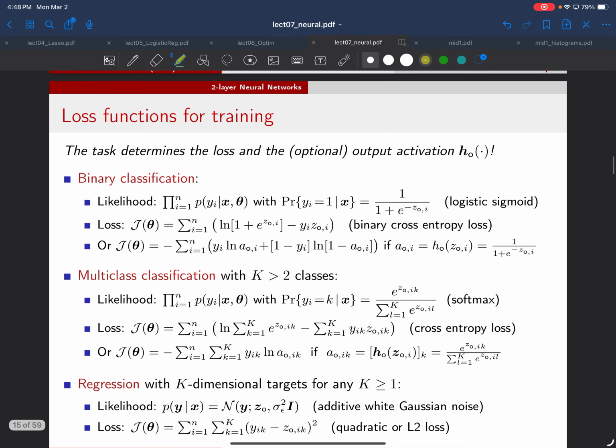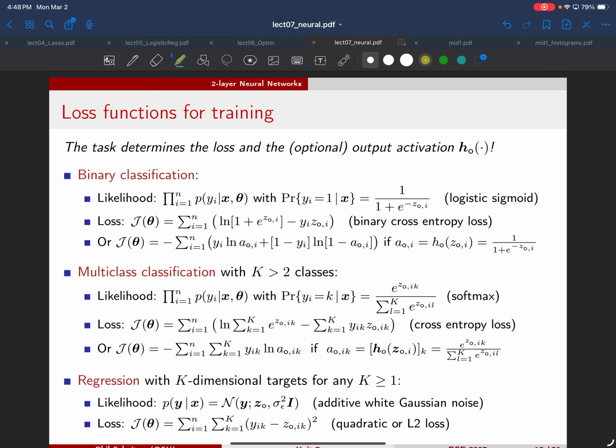Okay, and now let's talk about the loss functions. Again, the task determines the loss and the optional output activation. Starting with binary classification, the way that we've approached this with logistic regression is we have this likelihood model, the logistic sigmoid, and we derived that our loss is this negative log likelihood function.